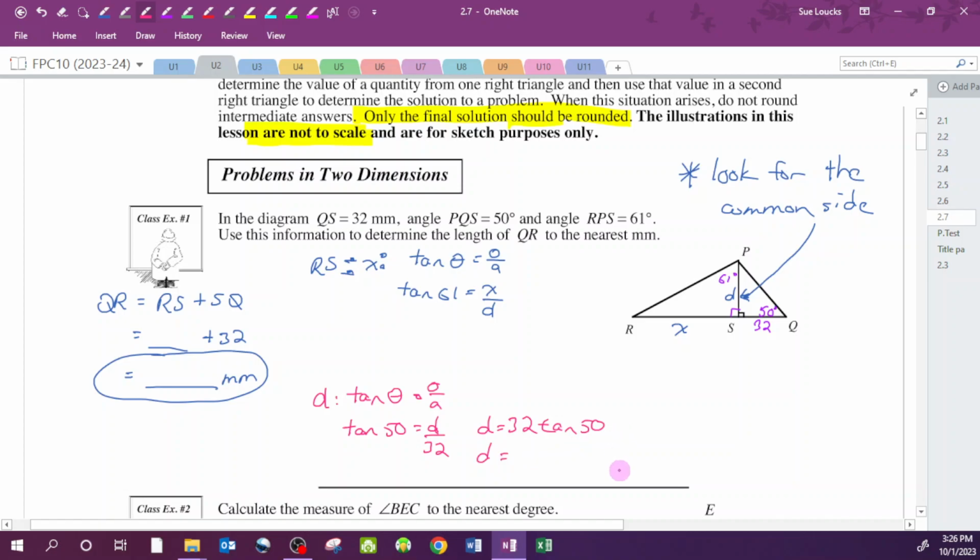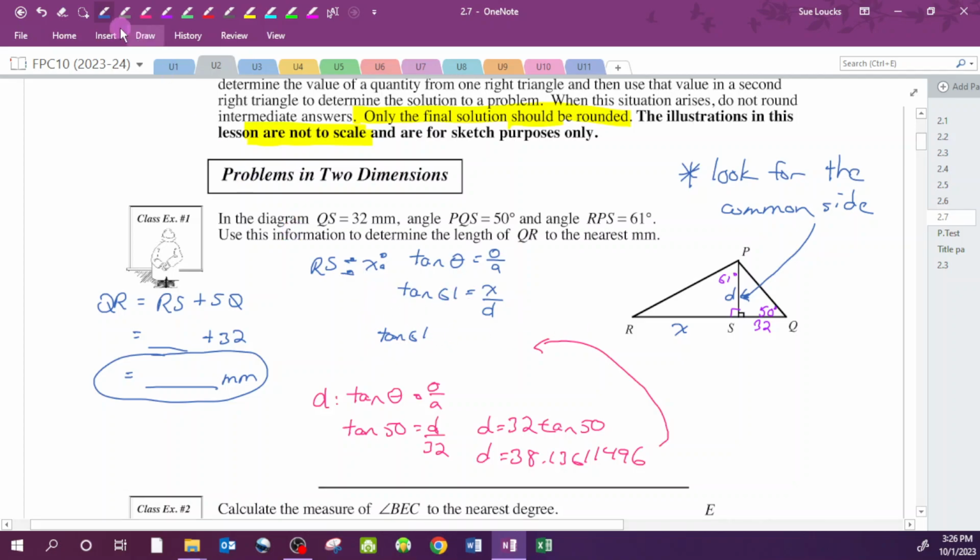So D equals 38.1361146. And I'm going to take that value of D and bring it up here.